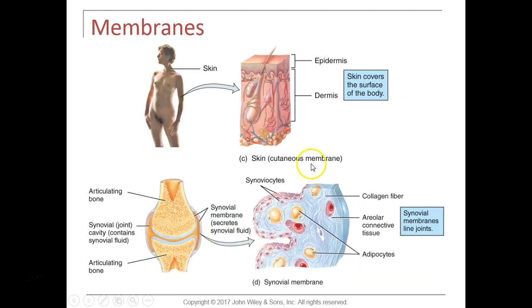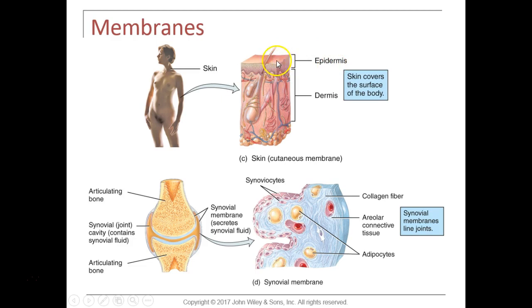Now, we also have something called the cutaneous membrane. The cutaneous membrane basically is your skin. The very surface of the cutaneous membrane is an epithelium referred to as the epidermis.